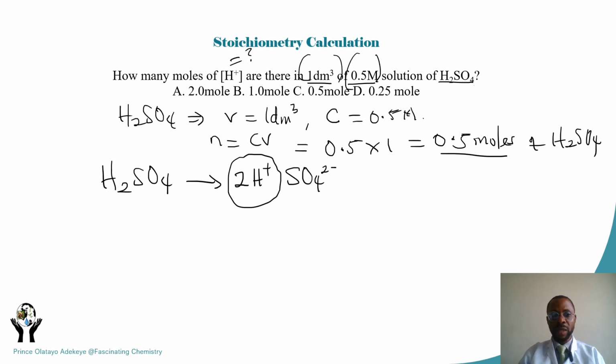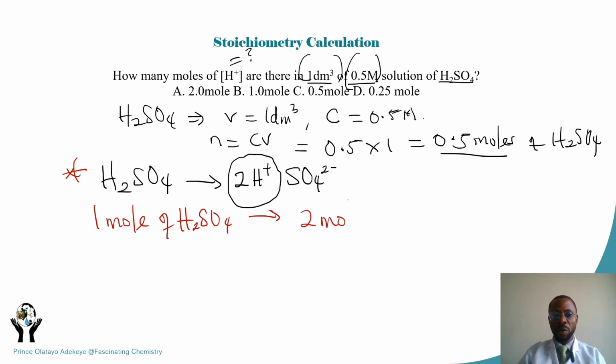So from this particular equation, we know that 1 mole of H2SO4 will give us 2 moles of hydrogen ion, right?